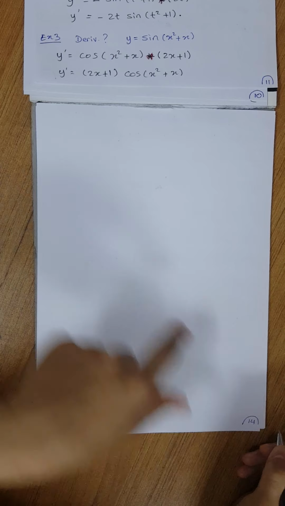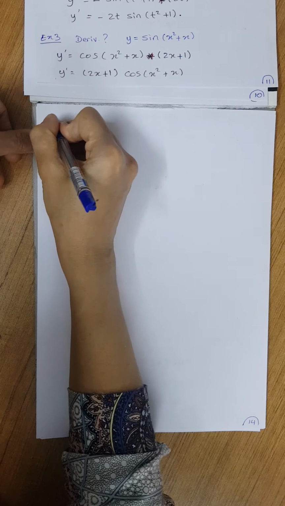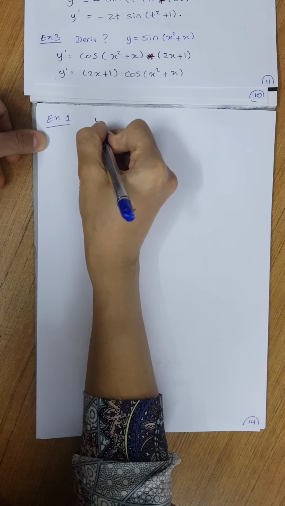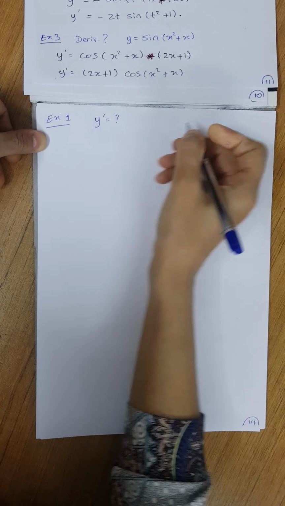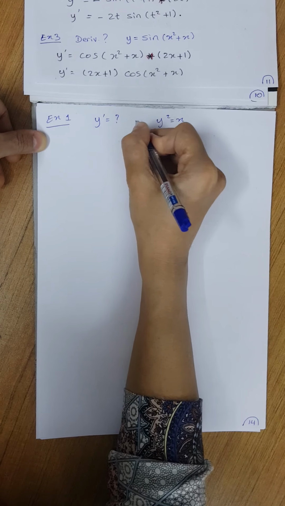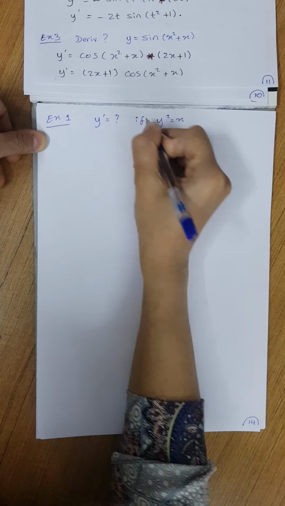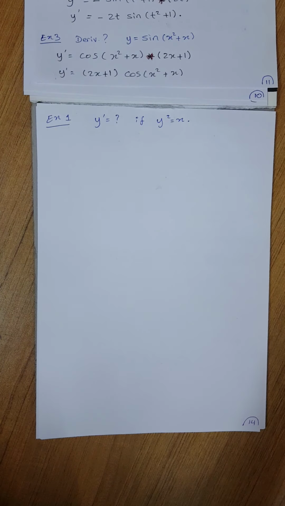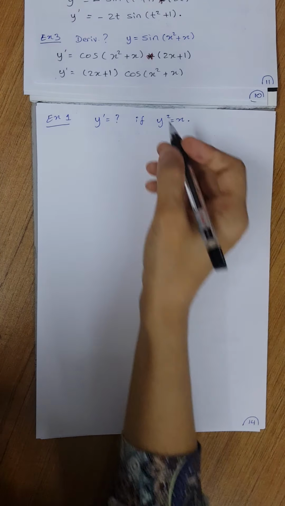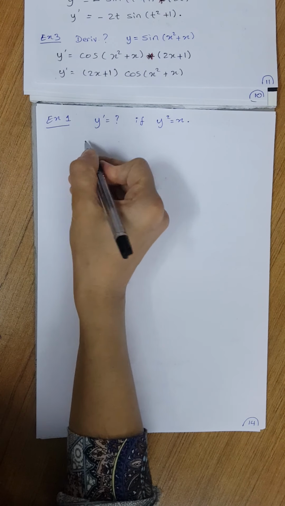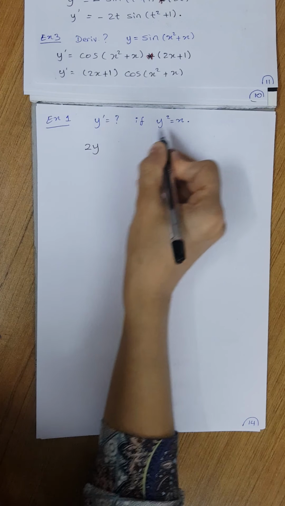We've got another example. It says find y prime when y squared is equal to x. Okay, it's given to us y squared is equal to x, and it is required from us to find y prime. What is the derivative of this one? We have to find implicit differentiation. That's equal to 2y, okay?